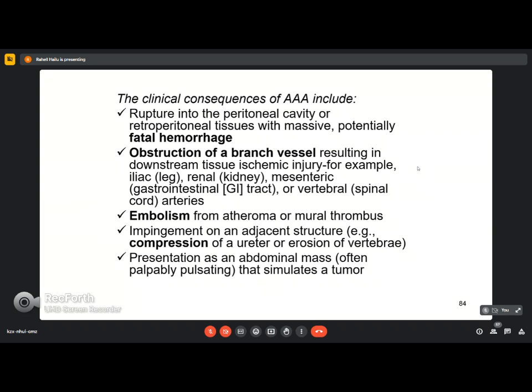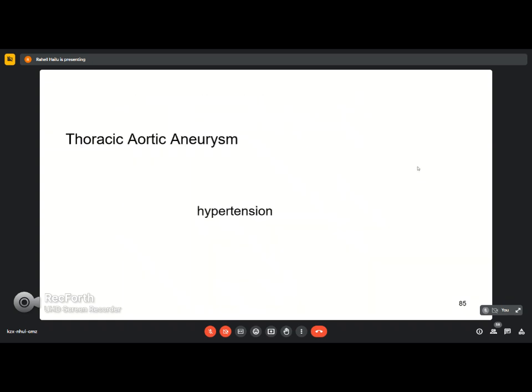And once the thrombus detaches, it travels elsewhere. And it can impinge on an adjacent structure, compress the ureter, or erode the vertebrae. And it can present in the form of an abdominal mass, a pulsating abdominal mass, some sort of cystic tumor. So these are very serious complications.